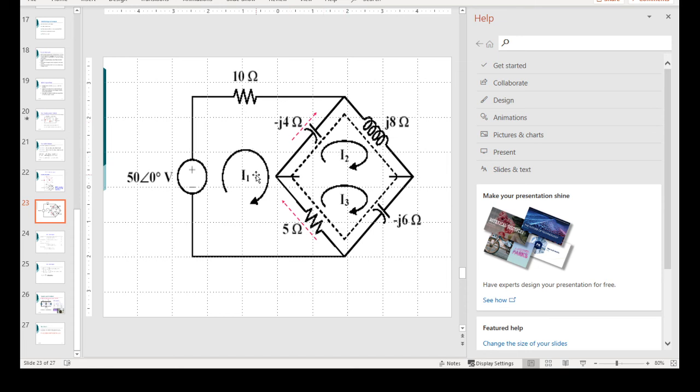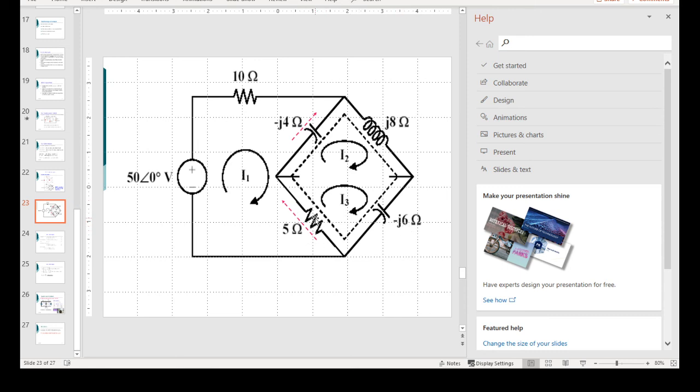I2 minus I1. To that, you are going to add the drop across the j8 impedance. And of course, here there is no other current, it's only I2. So it will be plus j8 I2. Then you need to add the drop here. Again, in this impedance minus j6, the only current is I3. So it's minus j6 I3.